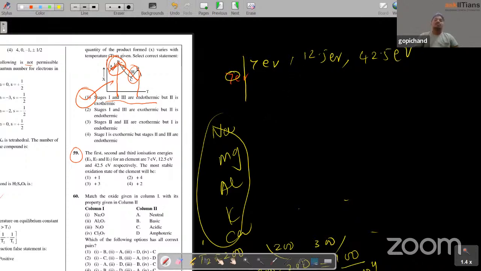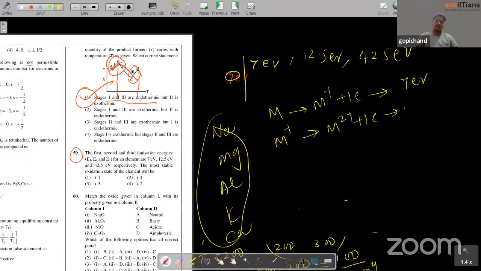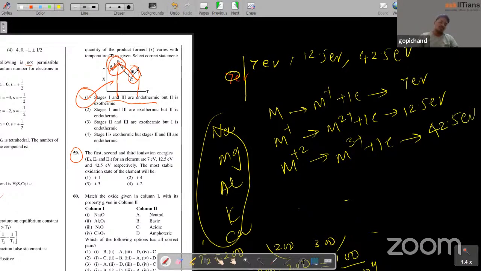If metal M becomes M plus plus 1 electron, here 7 electron volts is required. Then M plus releases one more electron, requiring 12.5. And third, if M plus 2 gives rise to M3 plus plus 1 electron, you require 42.5 electron volts.